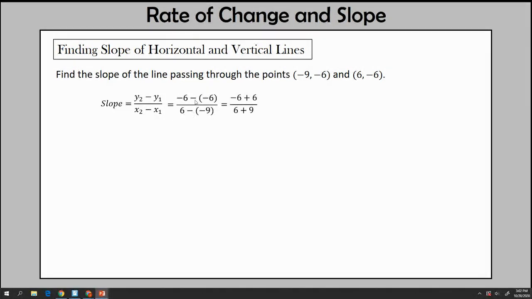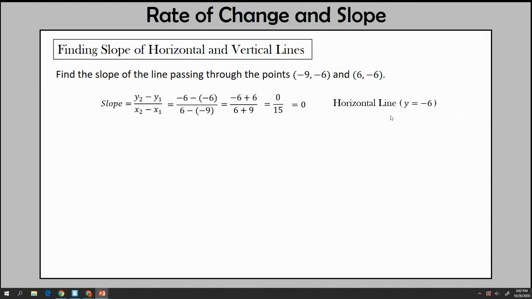Now that's going to become negative 6 plus 6 over 6 plus 9 on the bottom. And I'm going to get 0 over 15. All right. 0 in the numerator means what? It means the slope is 0. If the slope is 0, that means we got a horizontal line. Okay, it's a horizontal line.